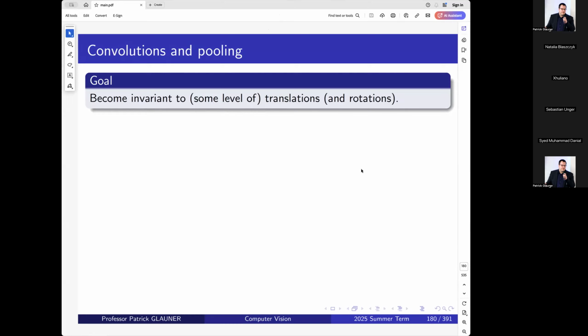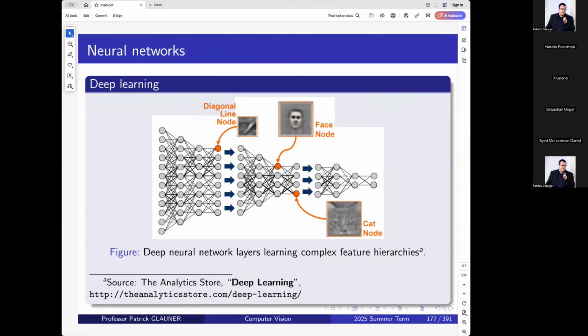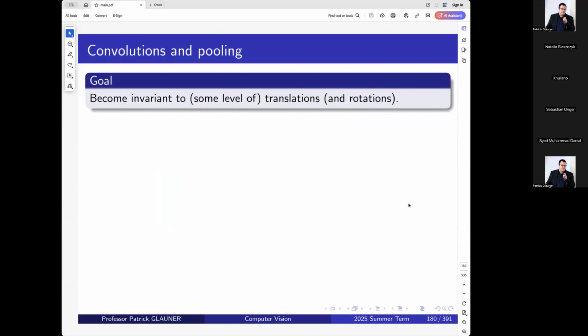And ideally, they help us to become invariant to translations, because with our standard neural network or even a deep neural network, we are not invariant to translations because we have an object in the image and we move it around in the image, and the neural network may not be able to recognize it well because we have our 2D input and we have turned this into a 1D vector input. So our standard neural network, even if it's deep, does not have an understanding of the 2D image because we put it in as a 1D vector. So we include all the rows together and put it in there.